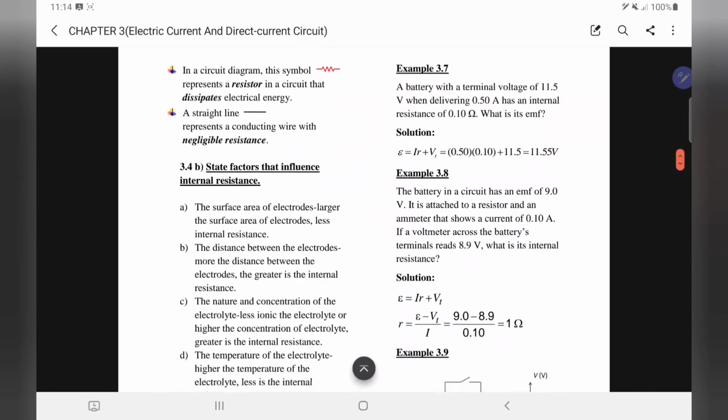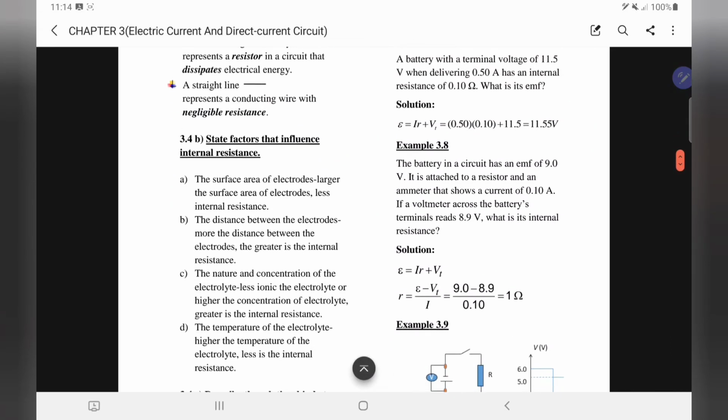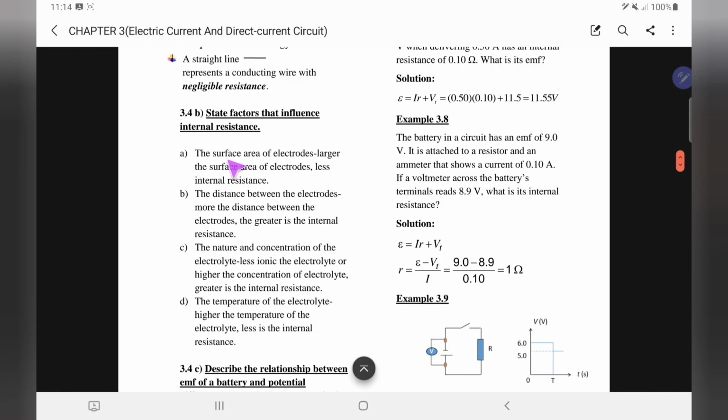What factors influence the internal resistance? First, the surface area of the electrode, of course, because a larger area gives you less internal resistance. Then also the distance between electrodes, where more distance between the electrodes gives you greater internal resistance. It's quite hard for the electron to flow.